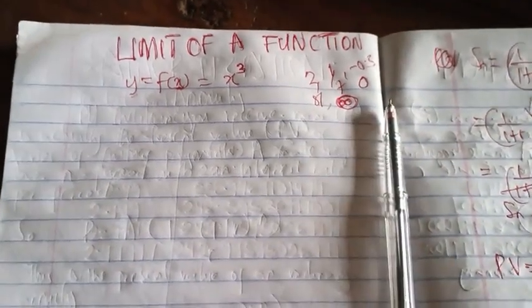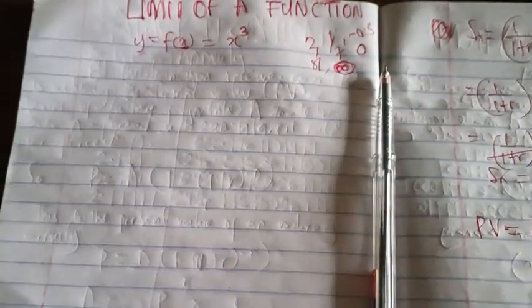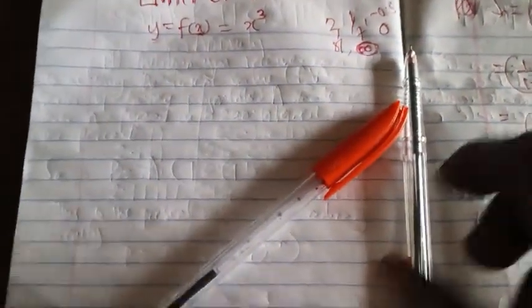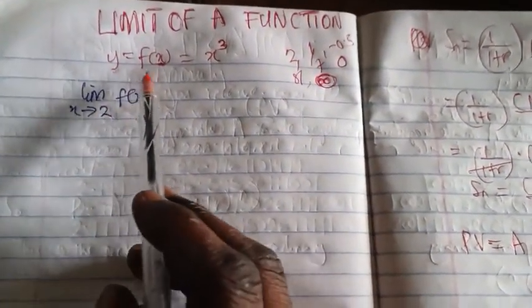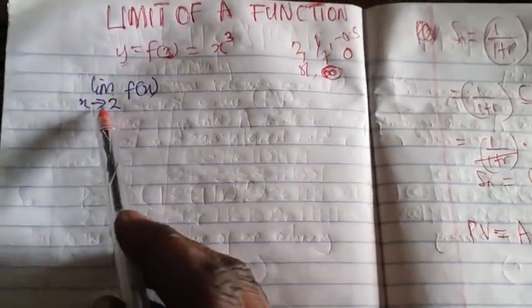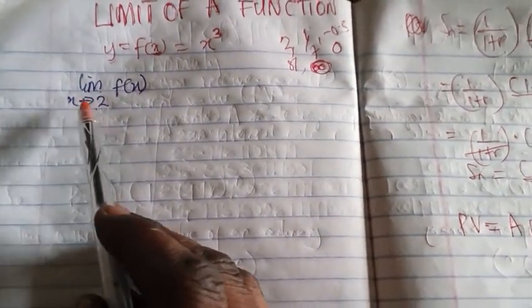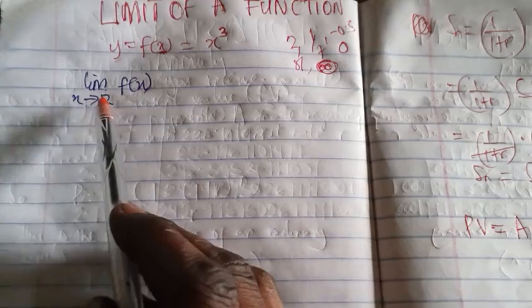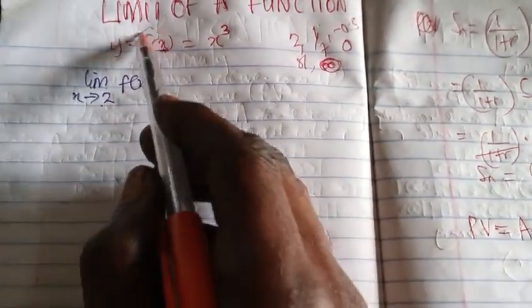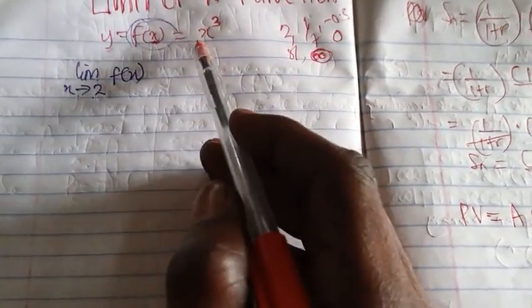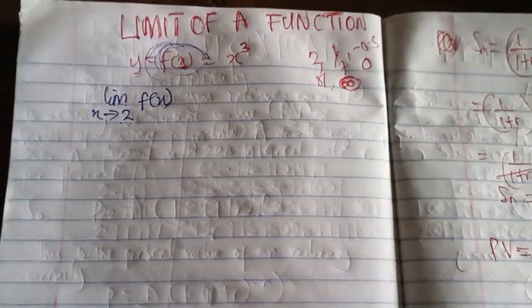If I push a function to a point in its input, let's say this function I have here, I say, okay, examine the limit as x approaches 2 of f of x. That is, I want to see if the domain, this input, is approaching. Listen, I said as x approaches, or x tends toward 2, what will the output tend toward?